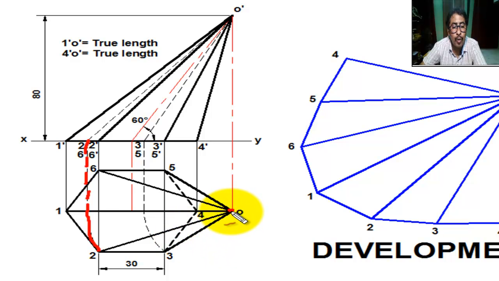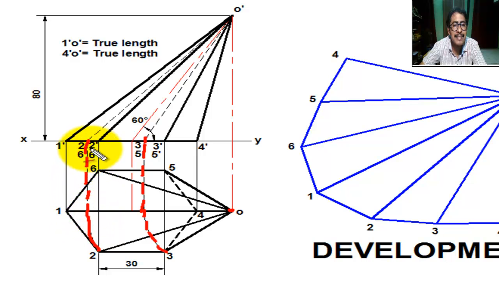Similarly, with center O, draw an arc from 3 or 5 up to the horizontal line, and next draw the vertical line up to the XY line.